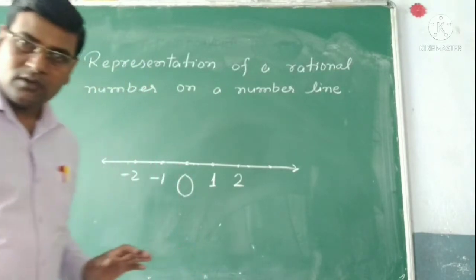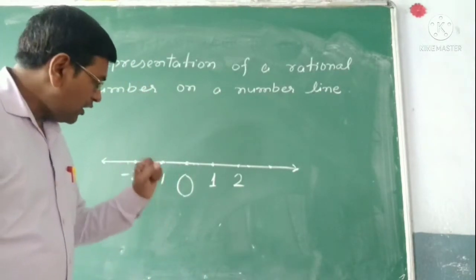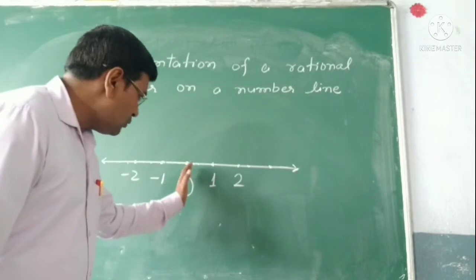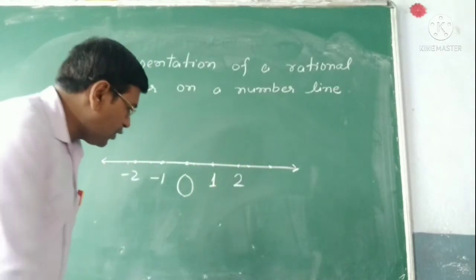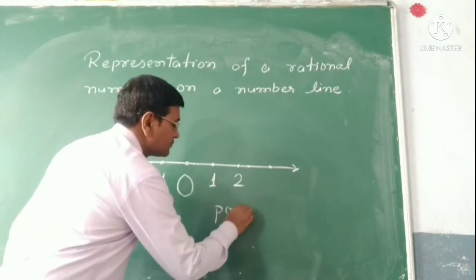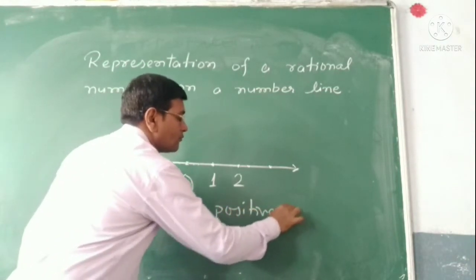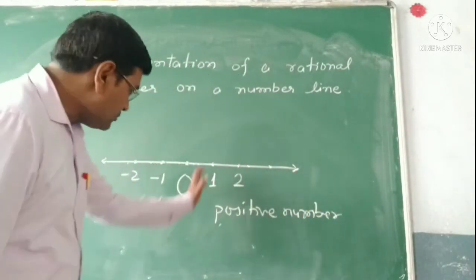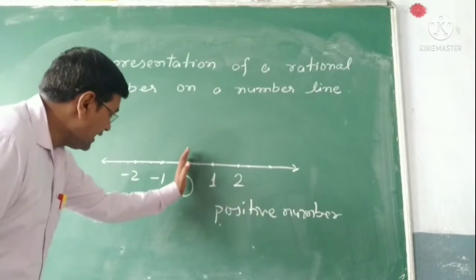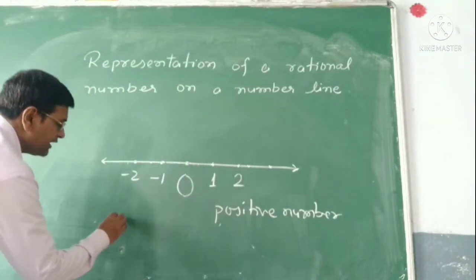Okay? You got? Now remember, if you move to the right side of 0, you get positive numbers. Left of 0, you get negative numbers.